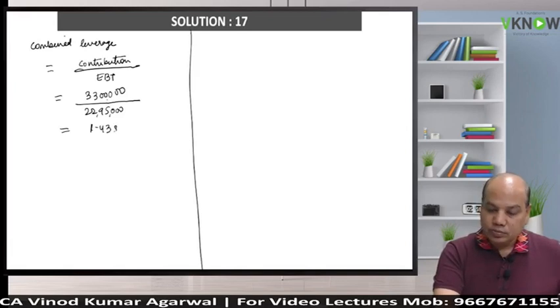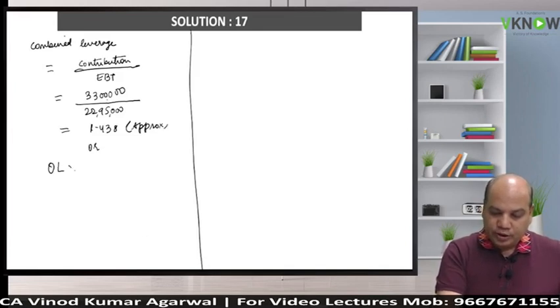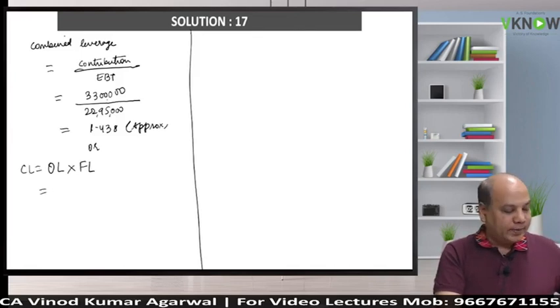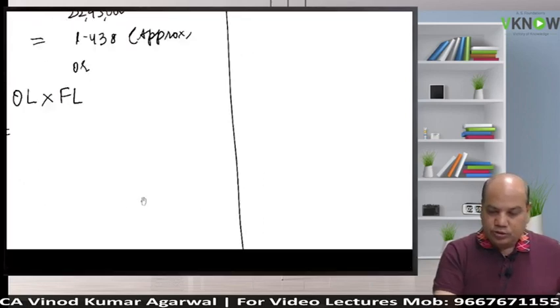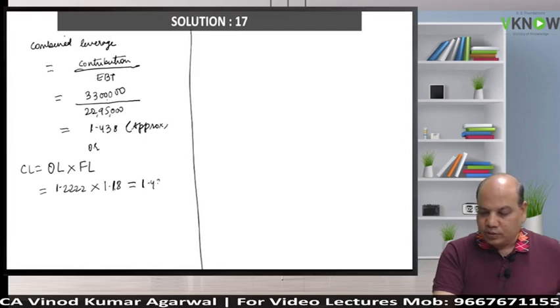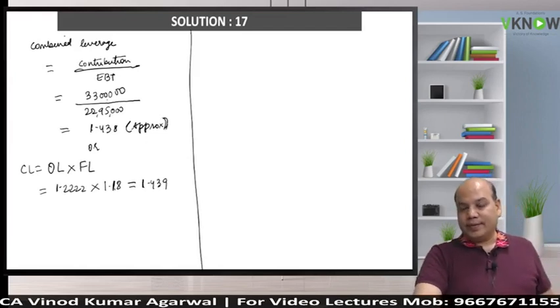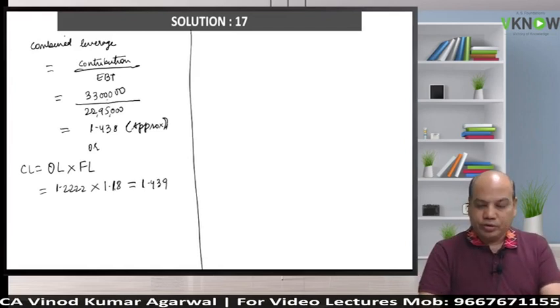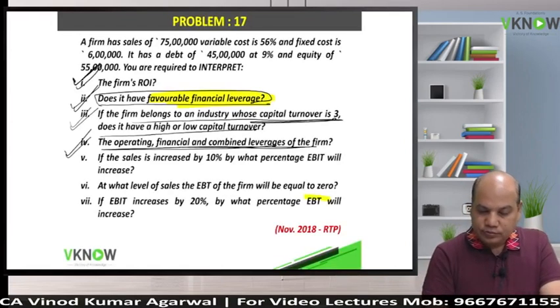Or there is a shortcut: operating leverage into financial leverage, 1.2222 into 1.18, which is approximately 1.439. Both are okay, whichever you want to use. That was my question number 4.